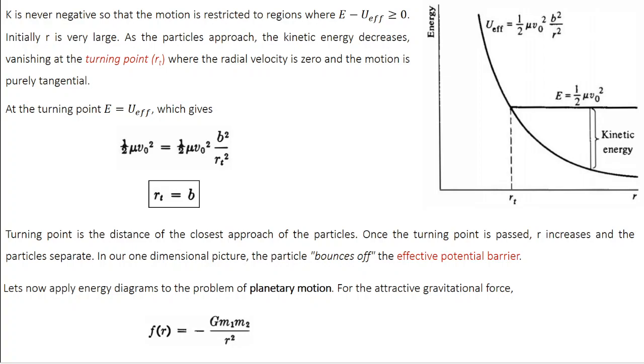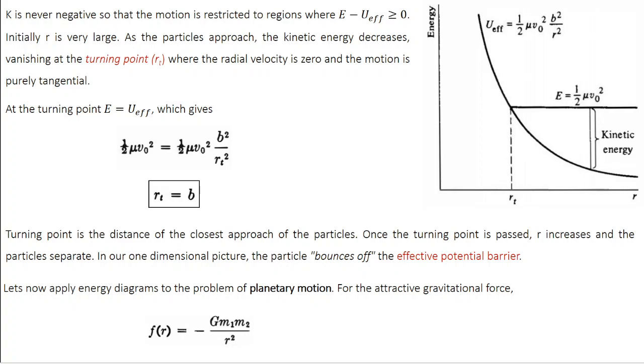After that, if you apply force, M2 will move in the opposite direction. It's like M2 bounces off the effective potential barrier. So at this point, the effective potential acts as a barrier. You cannot cross this point. The particle bounces off from this barrier and the separation distance again increases.